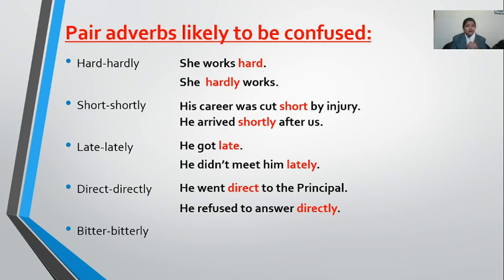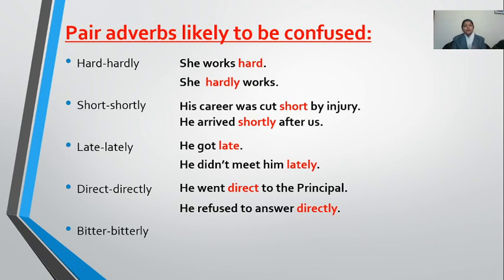Direct means straight, touching the point, but he refused to answer directly means he did not answer straight. Instead of answering straight, he was beating around the bush. He was not talking point to point.